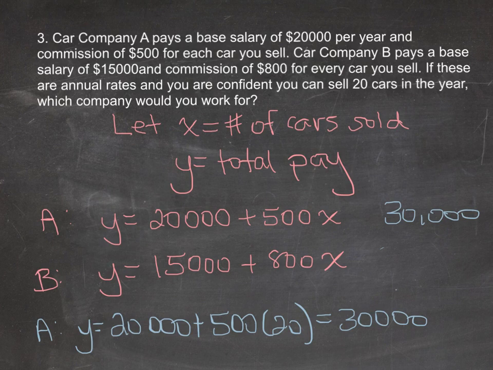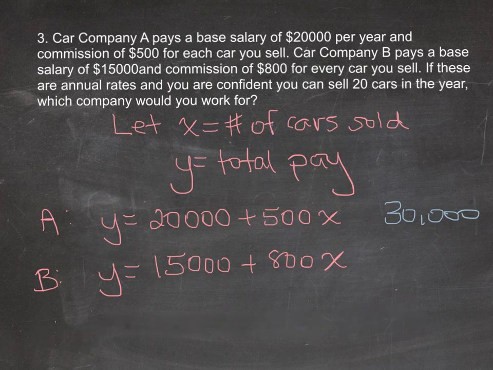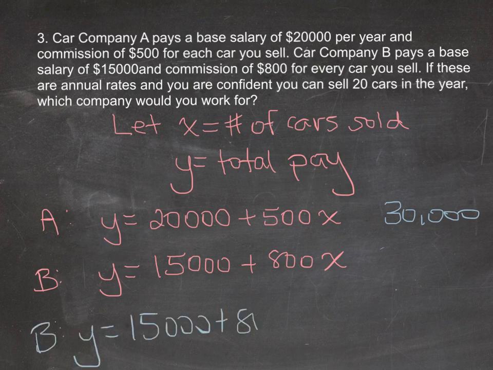And then for car company B, I have 15,000 plus 800 times 20. So 20 times 800 is 16,000.